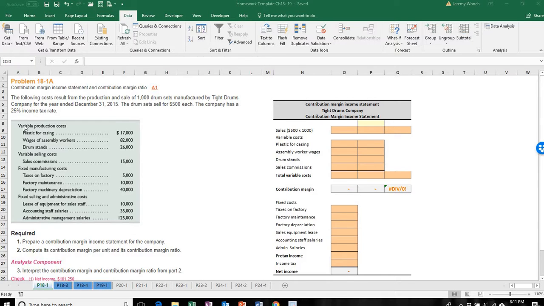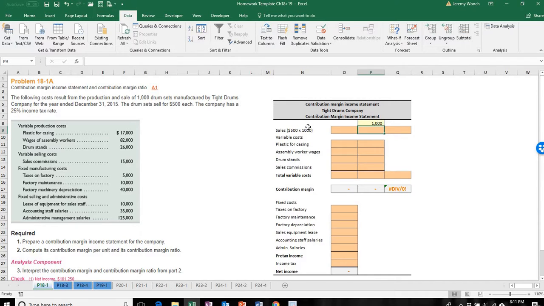It then breaks down the costs based on variable and fixed. So let's jump over to our contribution margin income statement, and first let's plug in how many units we're going to sell. It says the sale of 100 drum sets.